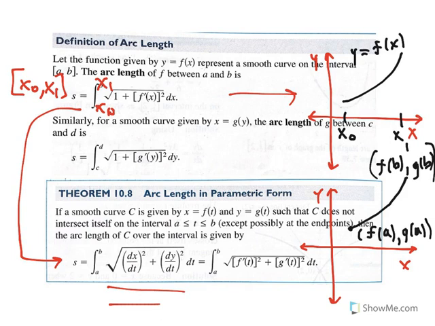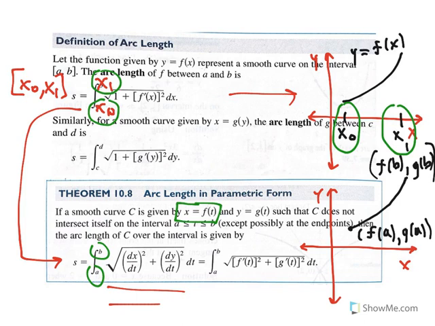So why is it that the limits of integration change from x naught, x sub 1, like we had in the previous section, to a, b? We'll discuss that now, and then we'll look at the derivation. When we look at our problem from section 7.4, the interval of x values was from x naught to x sub 1. We're saying that x is equal to f of t, so we're doing a substitution.